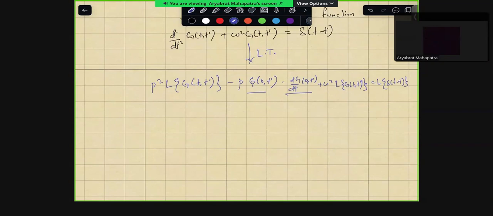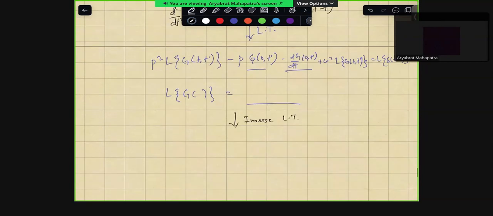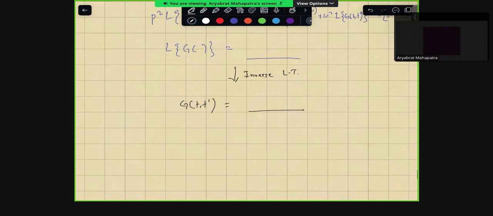When you take the inverse Laplace transform, that gives you the form of the Green function. And using that Green function, you can construct a solution.